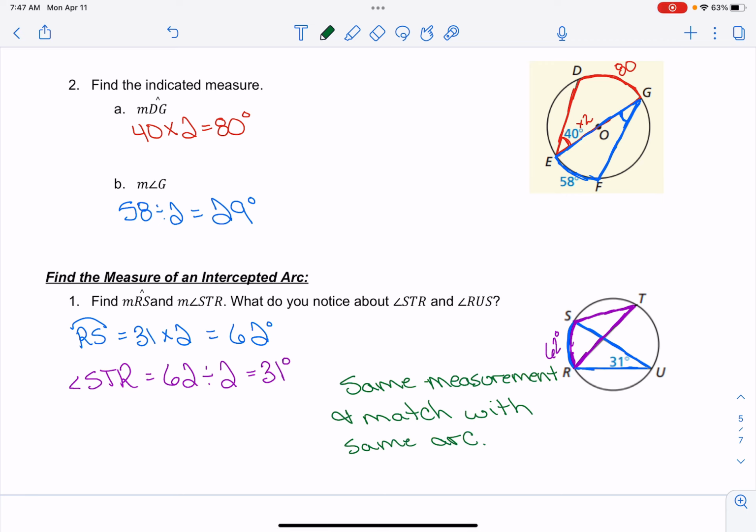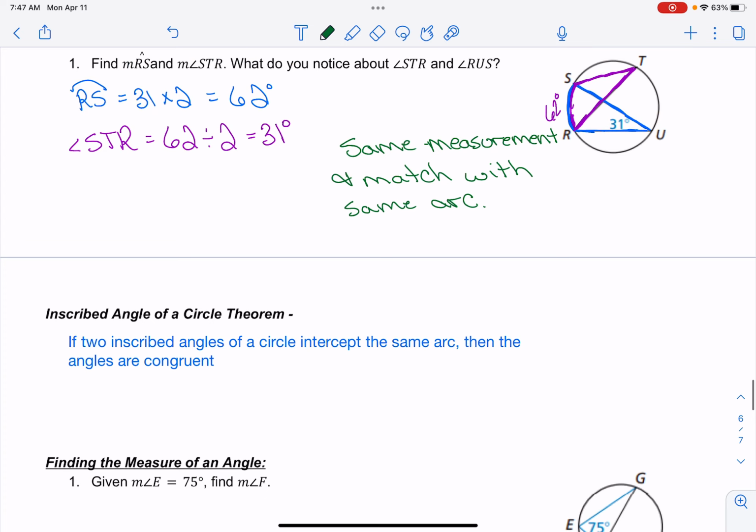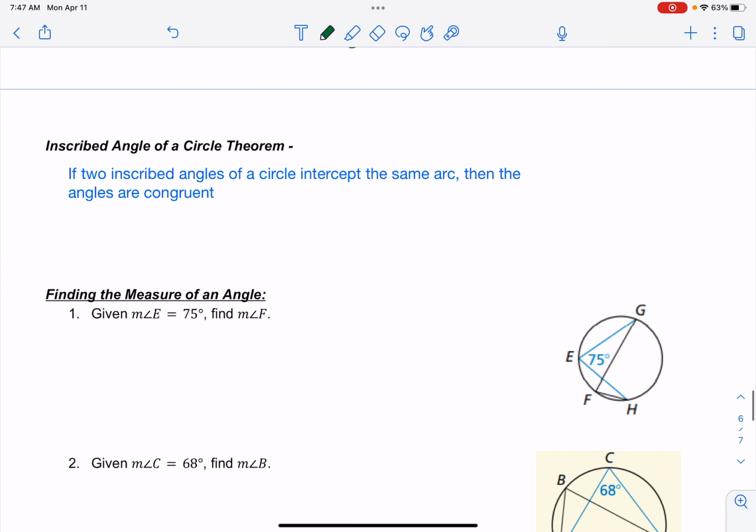To which this actually turns into one of our theorems. The inscribed angle of a circle theorem. So this just states that if 2 inscribed angles of a circle intercept the same arc, then the angles are congruent. Which makes sense.